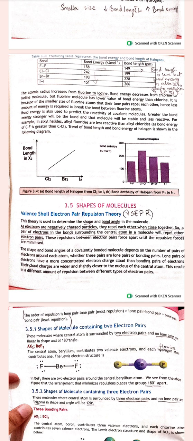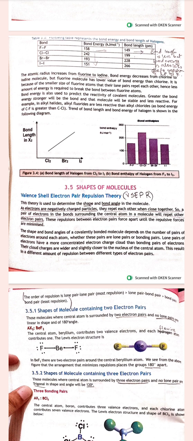The bond energy is also less than chlorine because of the repulsion of the lone pairs of fluorine. Then we have bromine with bond energy 193, bond length 228, then 151 and 266.